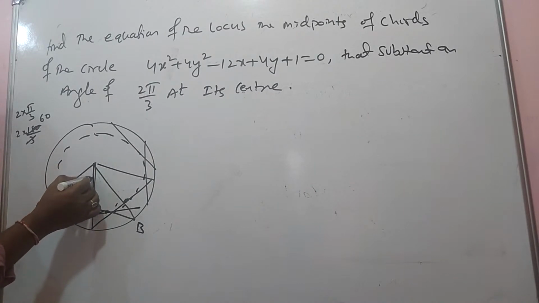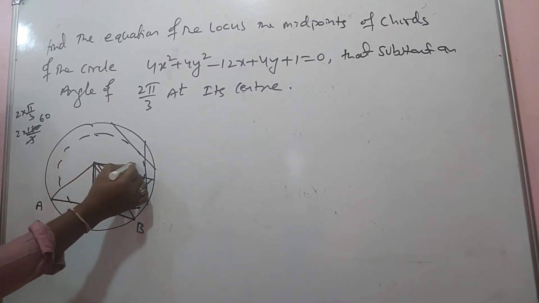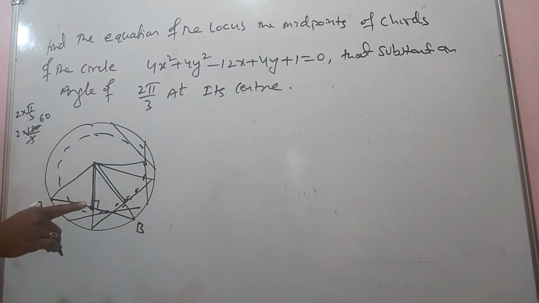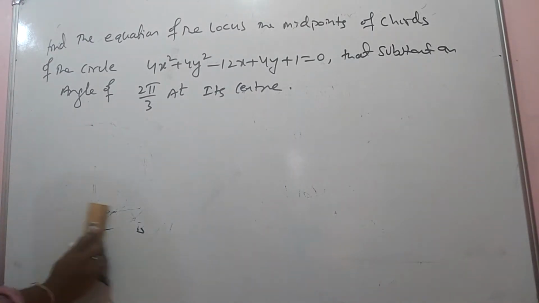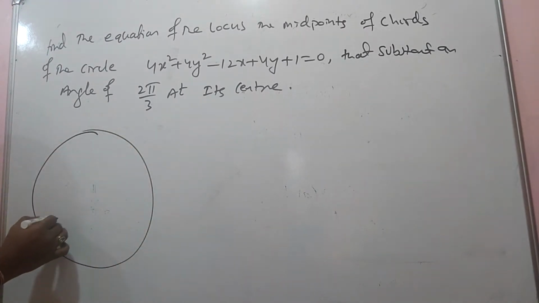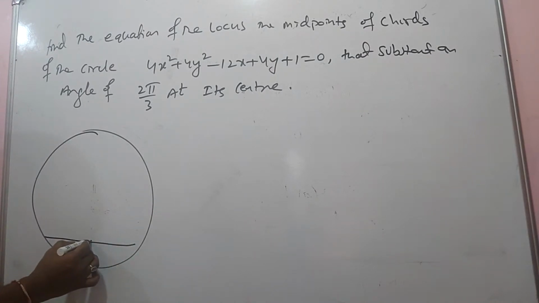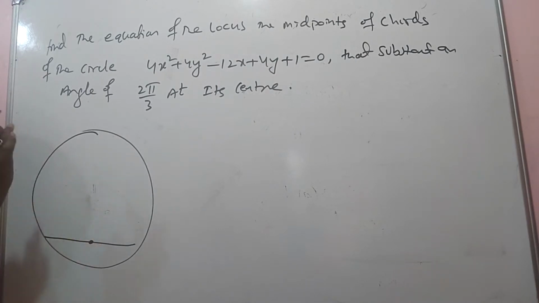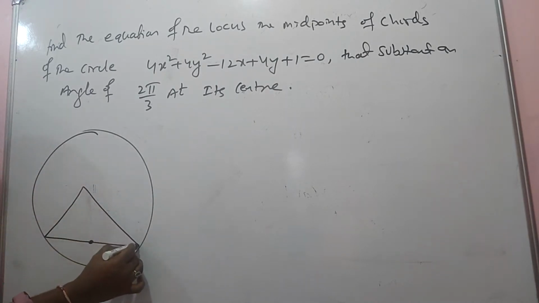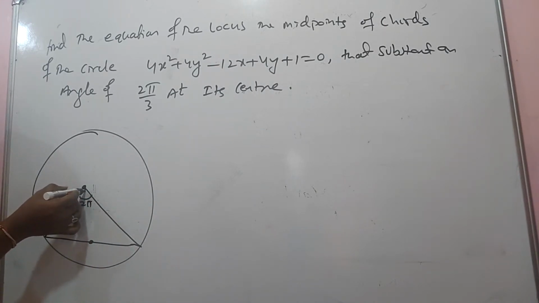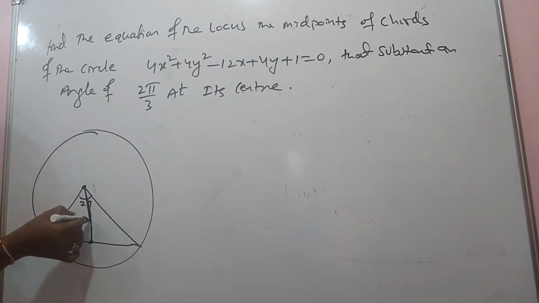Why? Because all of these are equidistant. If all the points are equidistant, only a circle is possible, which makes equidistance. Are you getting it? This makes the circle. The reason I am telling you, listen to me carefully. This is the circle and this is the chord. I am taking the midpoint here. If this chord makes the angle 2 pi by 3 at the center, then how much will the distance from the center to this midpoint be?